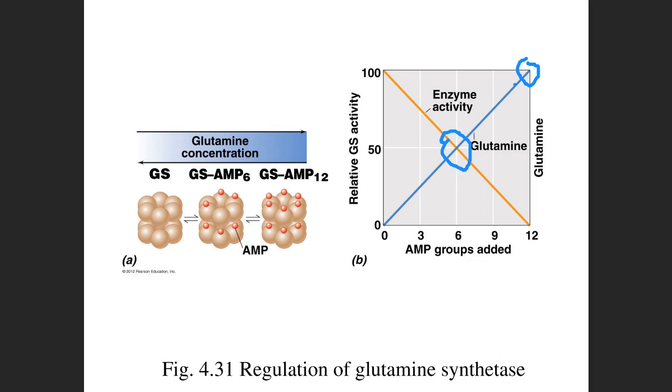If you have very little or no glutamine, the enzyme is at 100% with no modification. But it can add AMP, probably up to here, and then it's at a happy medium. Six is about right. So in reality, if the glutamine concentration reduces, you add more. If it comes back down here, you add more. And if it's too much, then you remove. And so that's one example.